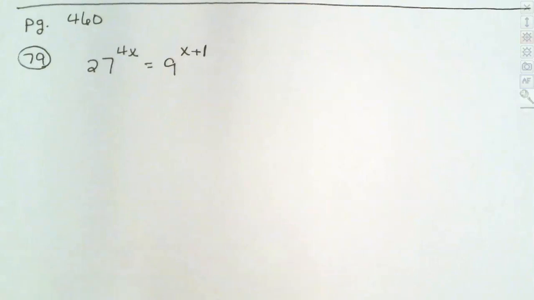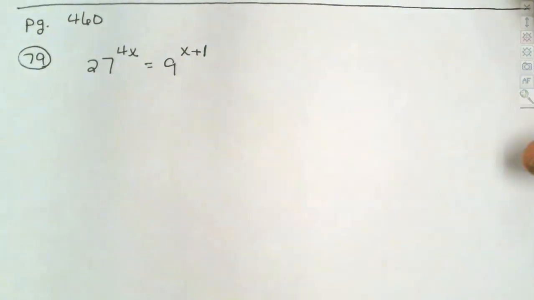Now, this one is going to be a little bit different because we can't just use the smaller number and make it a power of a larger one, because 9 squared would be 81, and we don't want 81, we want 27. So what we can do, though, is break them down, because 27 and 9 are both powers of 3. We want a common base at some point.